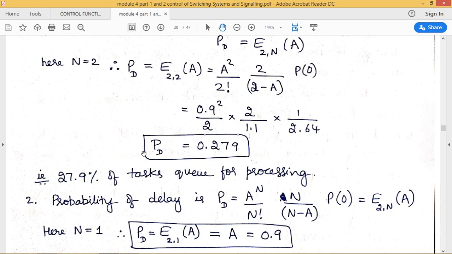It implies that 27.9% of tasks are moved into the queue when the SPC exchange is processing the calls with two processors. Is it clear? So 27.9% of calls are tasks. Tasks means, of course, you can assume the number of calls also. Tasks are moving into the queue for processing.